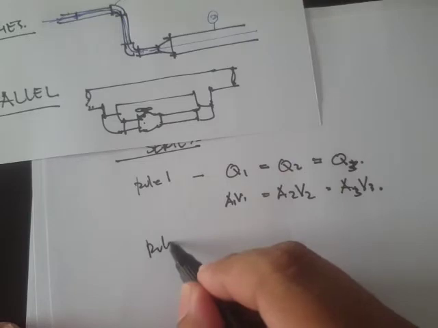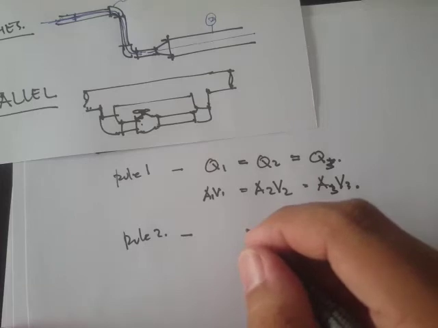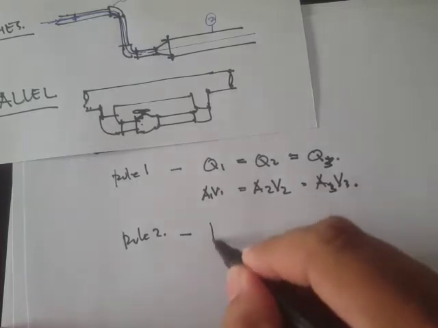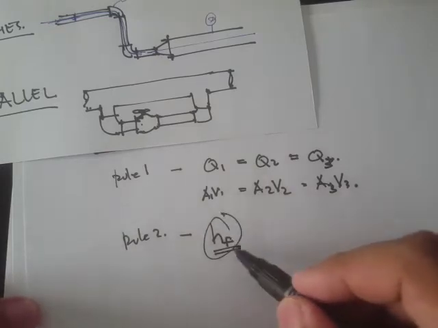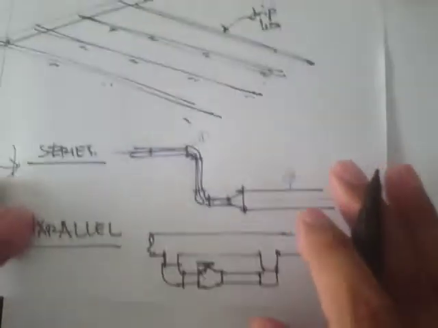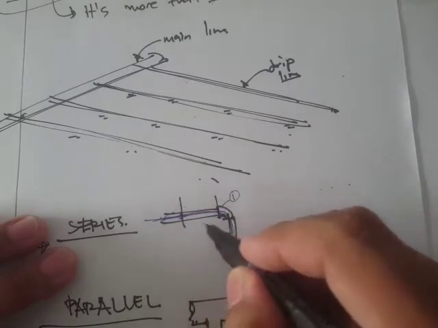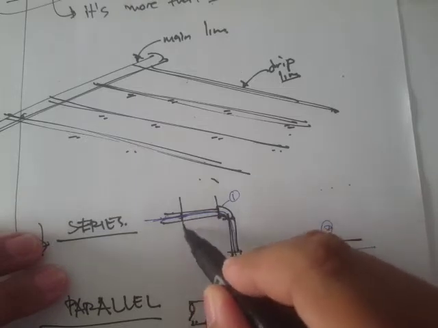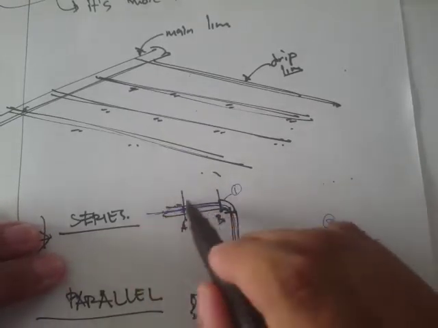Now for rule number 2, we have the friction loss, H sub F. Take note, this is not the friction factor, but rather the friction loss. A friction loss corresponds to two points. Let's say this is our point A, and this is our point B. Then what's the friction loss from point A to point B?